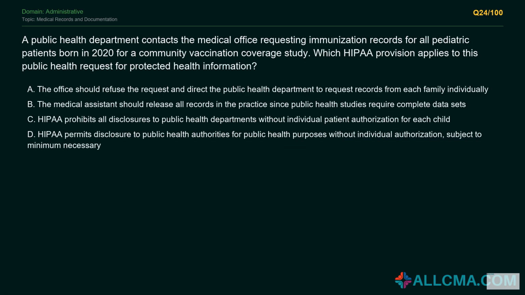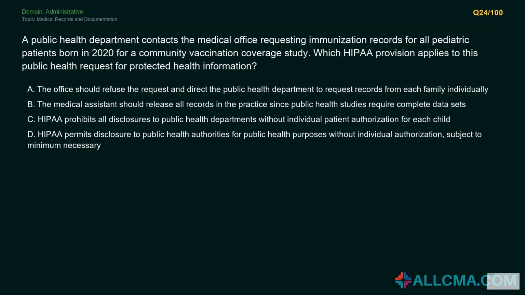Question 24. A public health department contacts the medical office requesting immunization records for all pediatric patients born in 2020 for a community vaccination coverage study. Which HIPAA provision applies to this public health request for protected health information? Option A, the office should refuse the request and direct the public health department to request records from each family individually.